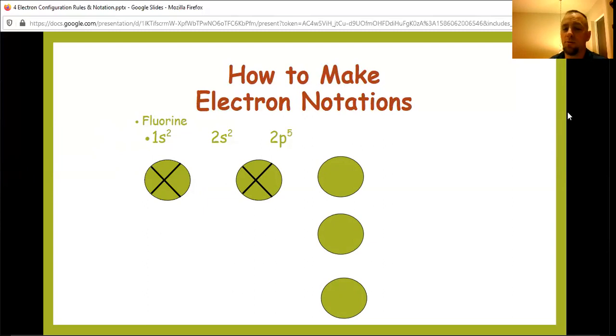That's why there's the 3 circles, or 3 boxes if you choose to do boxes. And we still have to follow those rules. So the first 3 electrons, each of those positions will get 1 electron before we pair any of them up. And then our 4th and our 5th electrons would get paired there.